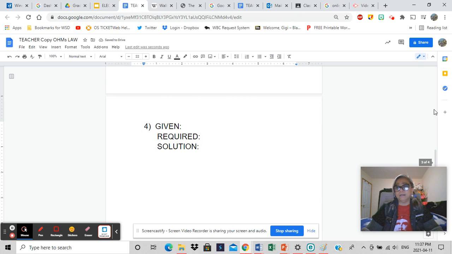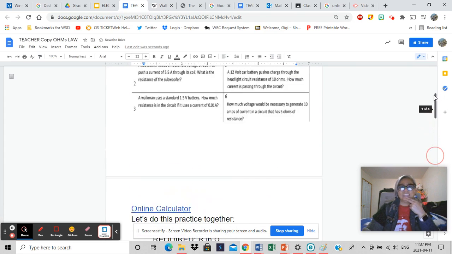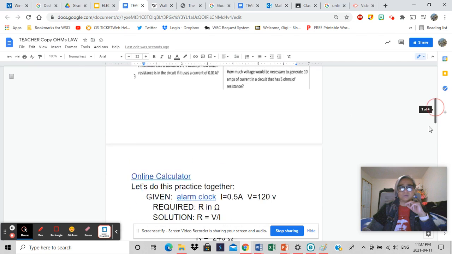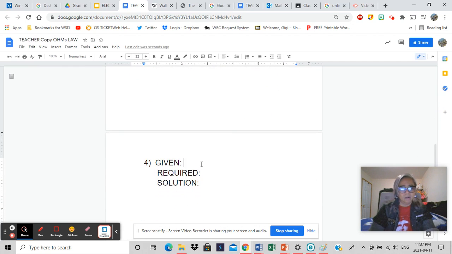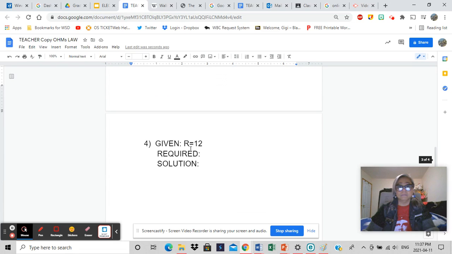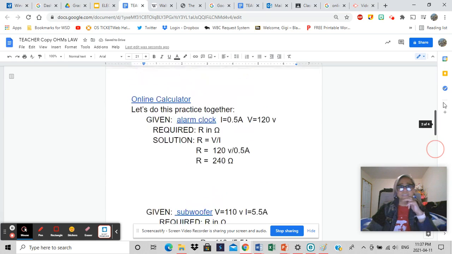So number 4, let's see what we have here. It says here, if a toaster produces 12 ohms, so R is 12 ohms. Then let me just copy the unit for ohms here. And you can do the same. So you have that 12 ohms and what else?